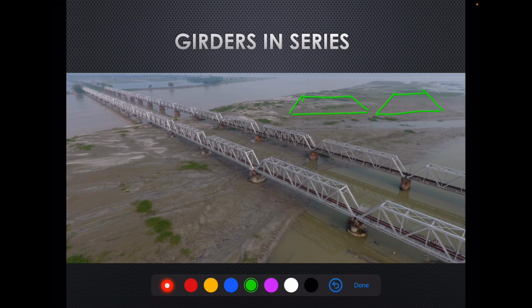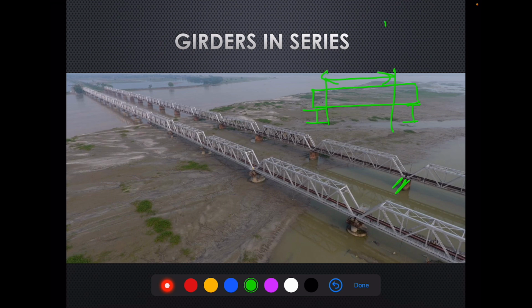If we do not provide any arrangement on this gap, then the unsupported length of the rail, suppose the sleeper of one girder is here and the next is here, becomes too much.